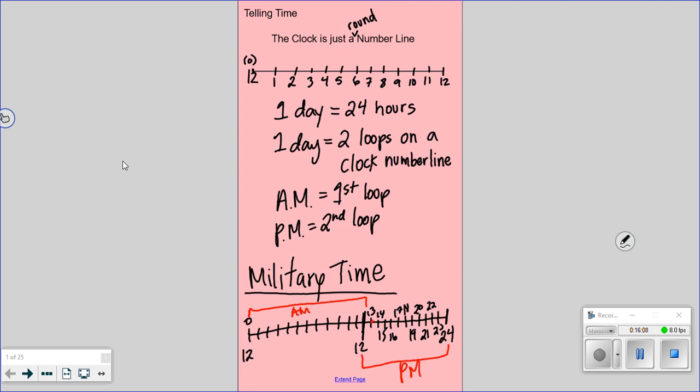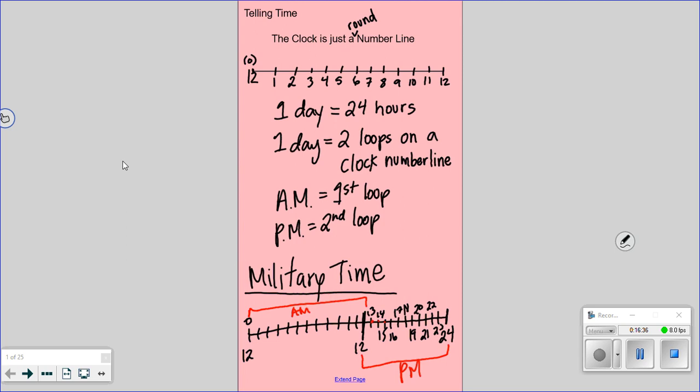I'll give you a hint. 14 o'clock was 2. What would 3 be? Nope, it's 15. We're going forward. We don't double the number. We just keep counting.